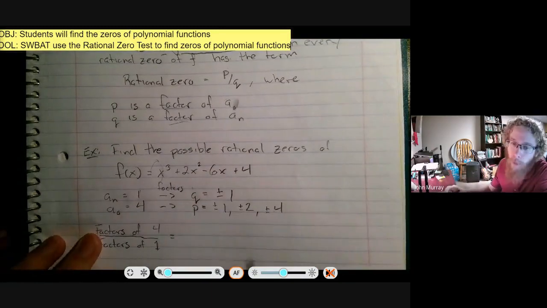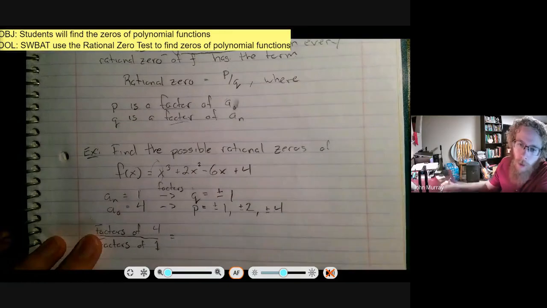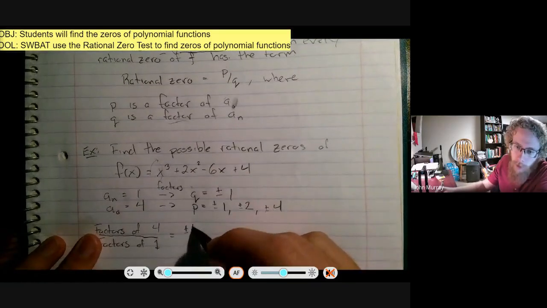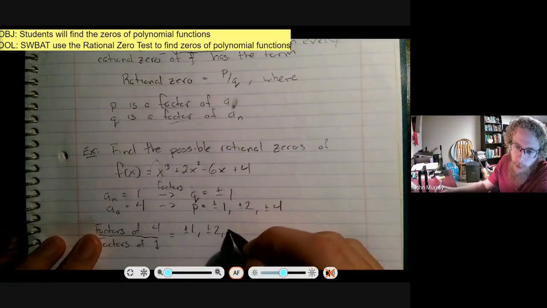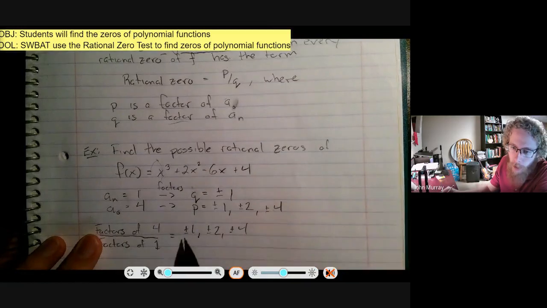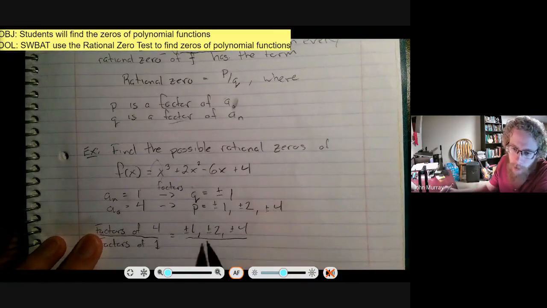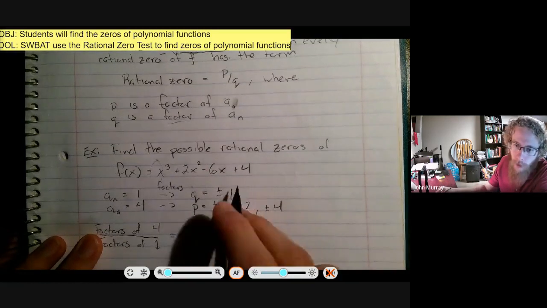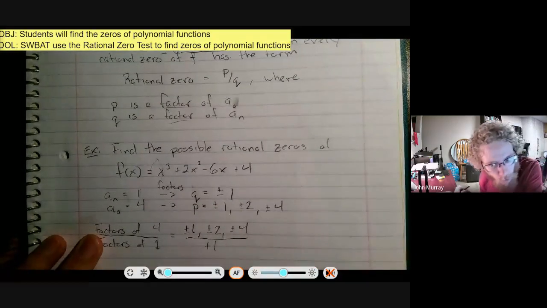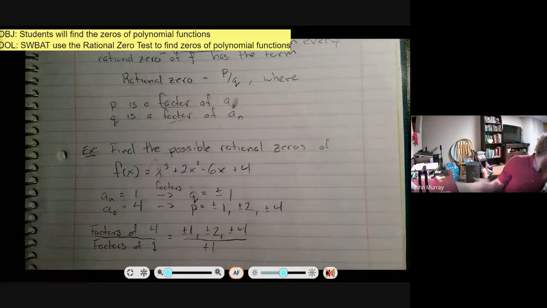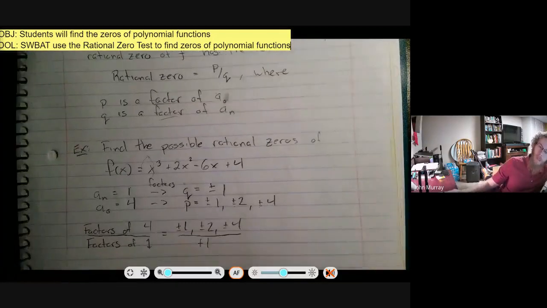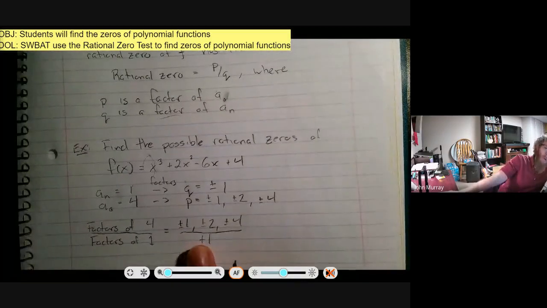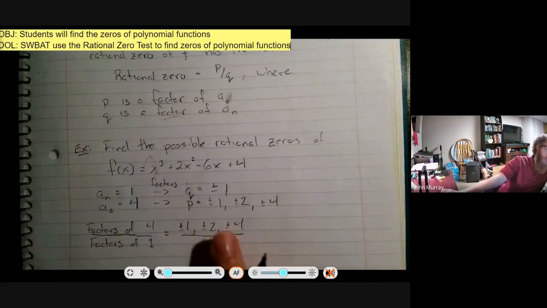In the numerator, remember the P goes. So you could put positive or negative 1, 2, 4, and then in the denominator, you would just put all the factors of your Q, which in this case is just 1. So this step isn't necessary, but when we have a lot of factors, it's good to write it like this to organize everything.